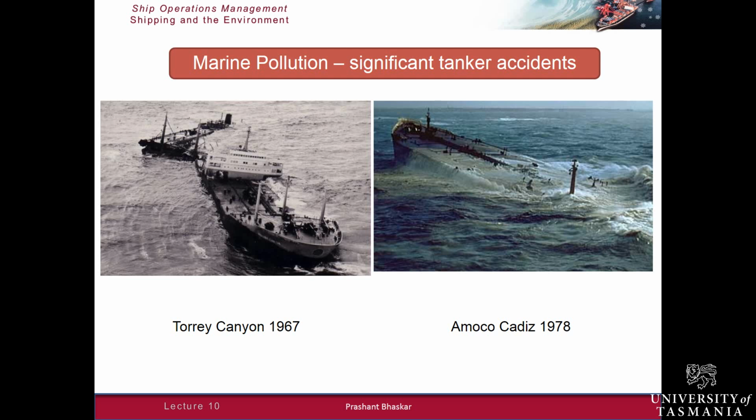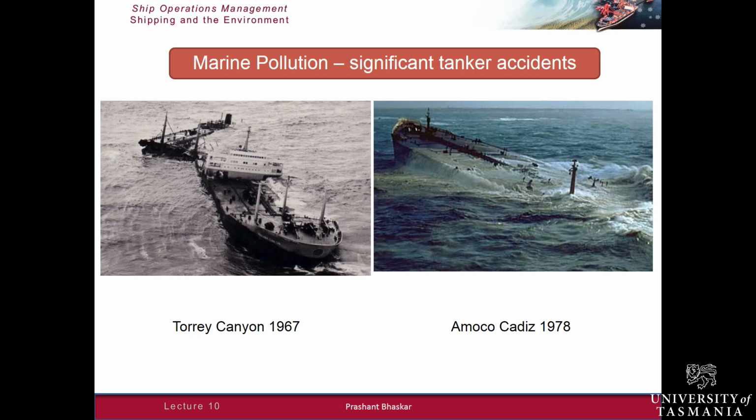Prior to the Amoco Cadiz, there were many countries around the world who thought that, okay, maybe these are incidents that only affect small areas of the world, and they were not very supportive of conventions like Marpol. But as a result of accidents such as the Amoco Cadiz, countries like France became a very strong supporter of Marpol.